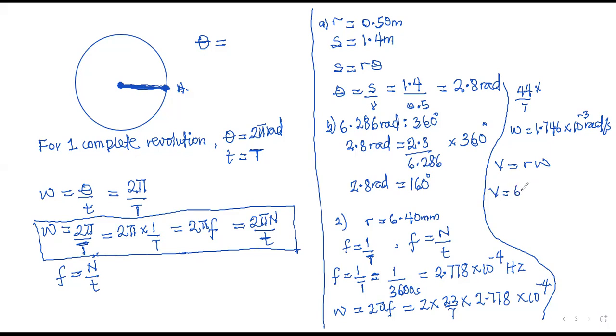So 6.4 times 10 to the power negative 3 times your angular velocity, which is 1.746 times 10 to the power negative 3, and you are good to go. Just give me your answer in 3 decimal places.